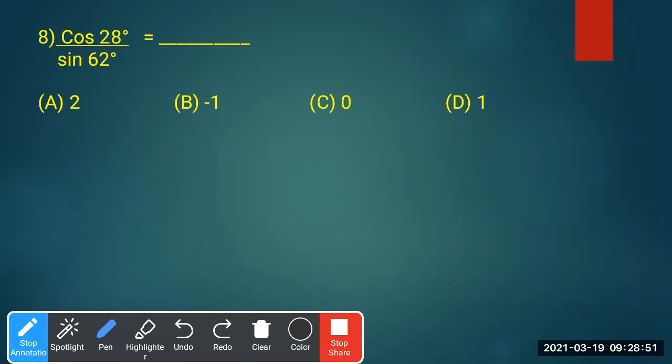So cos theta is equal to sine 90 minus theta. This is the relation among the trigonometric ratios we have seen.